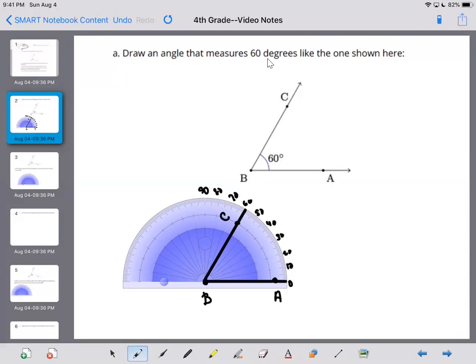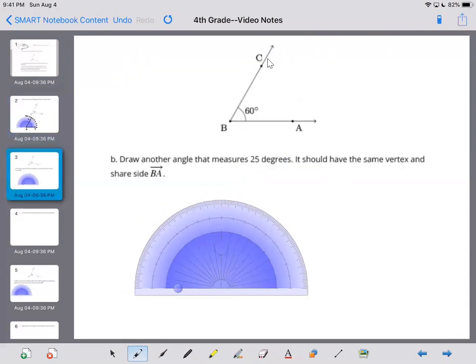Part B says draw another angle that measures 25 degrees. It should have the same vertex and share the same side as BA. Well, we know that here's our 90, and we said this was 80, 70, here's our 60 degree. Now, it wants us to draw another angle that measures 25 degrees.